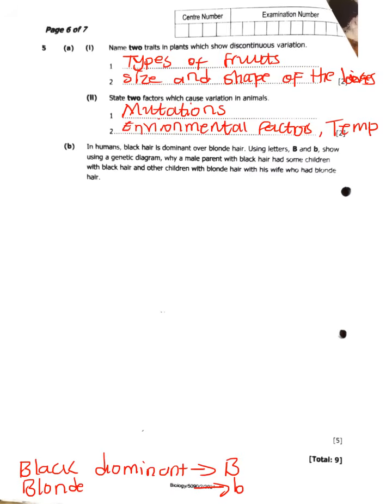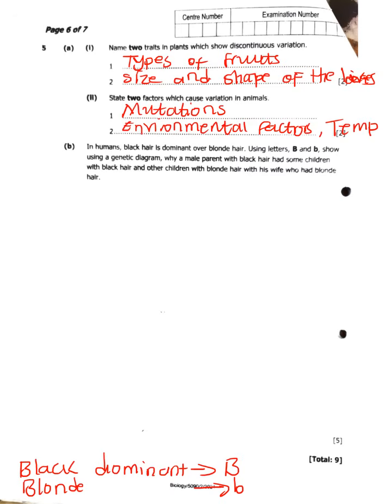What this means is that the gene for blonde hair is suppressed whenever it is with the capital letter B, as black dominates blonde hair. So for blonde hair to be expressed, we need to have the homozygous arrangement.